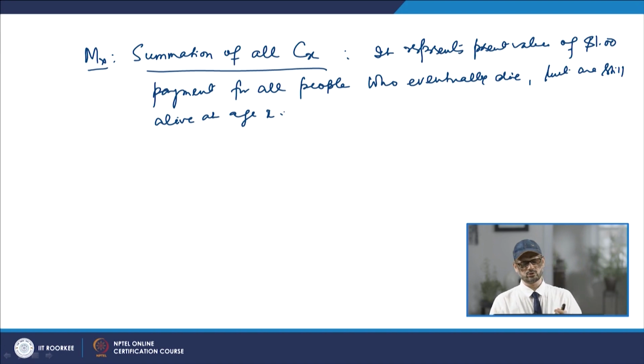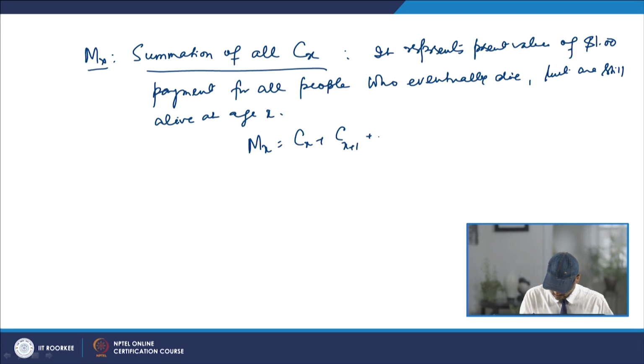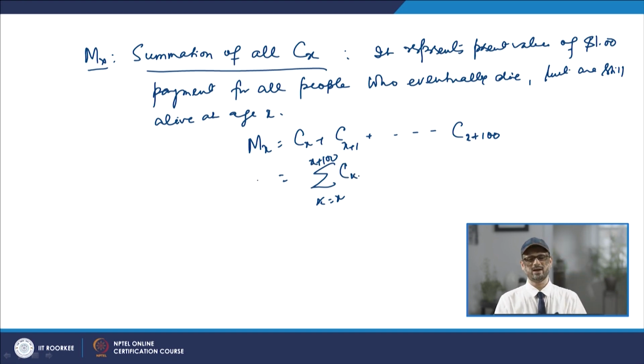So just like Nx, here also you are going from age x onwards. Mx will be Cx plus Cx+1, and like that it will go up to 100. So basically it is the sum over k equal to x to 100 of Ck. That way you find these Mx terms.